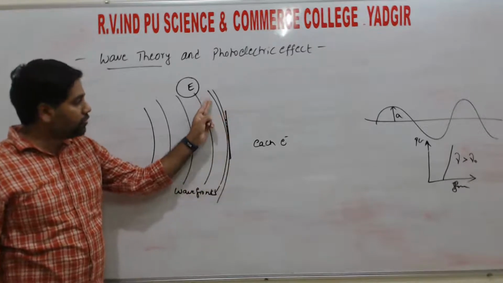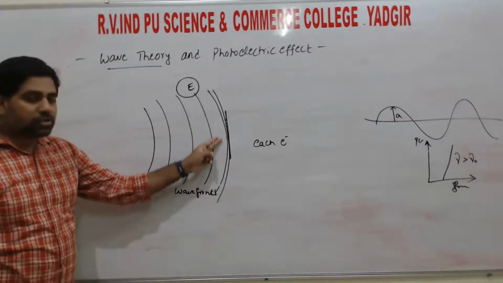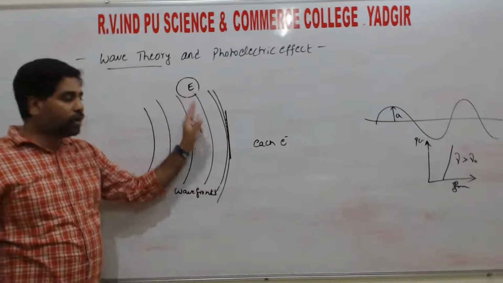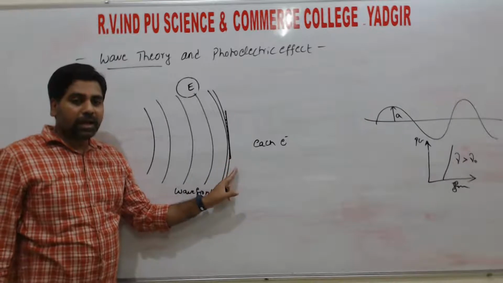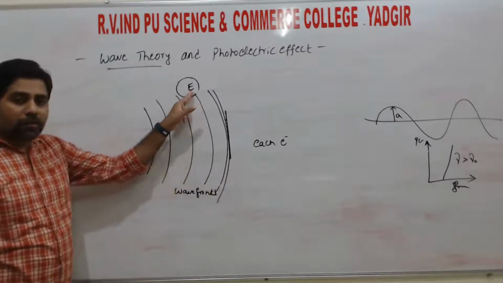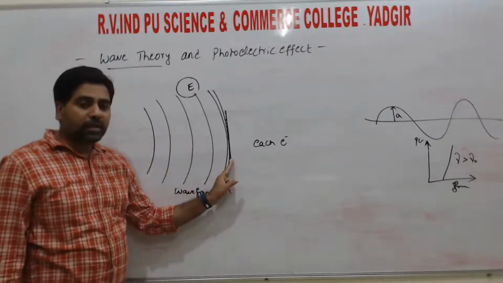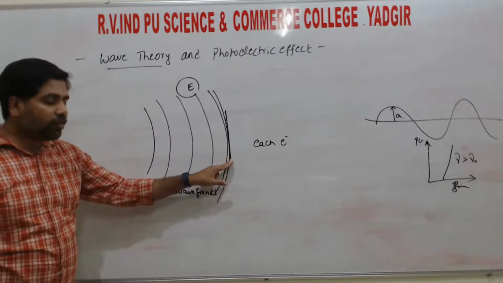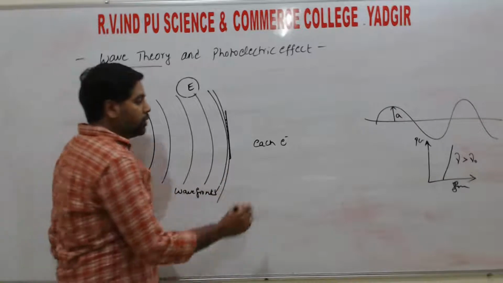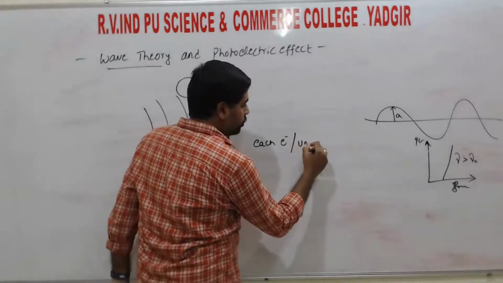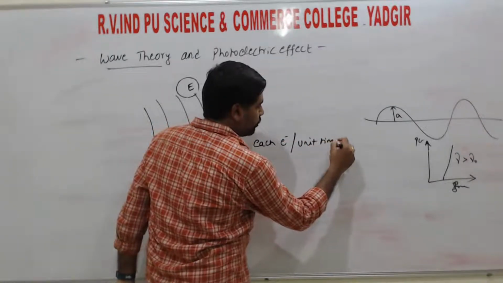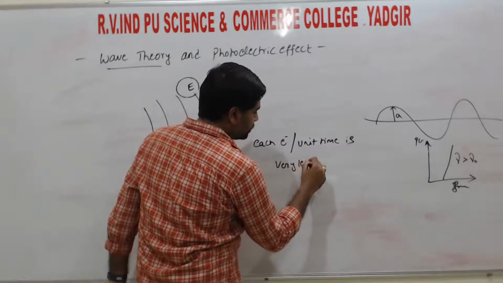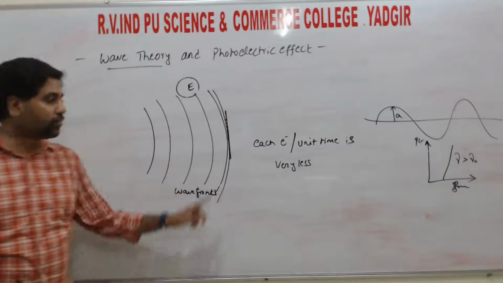According to the wave theory, the wavefront consists of the energy E, and this energy is not fully absorbed by a single electron. Only part of the energy is absorbed by each electron. Hence the energy gained by the electron per unit time is very less, right?